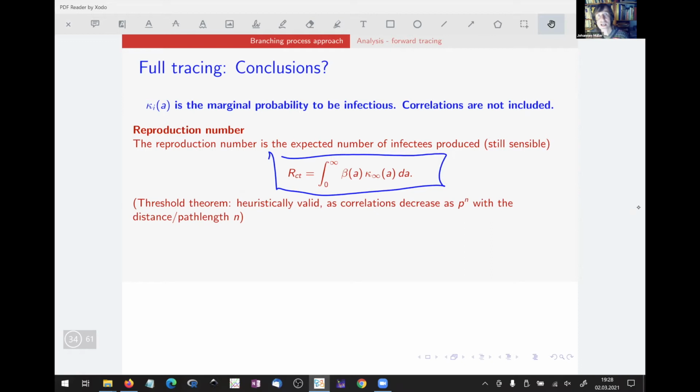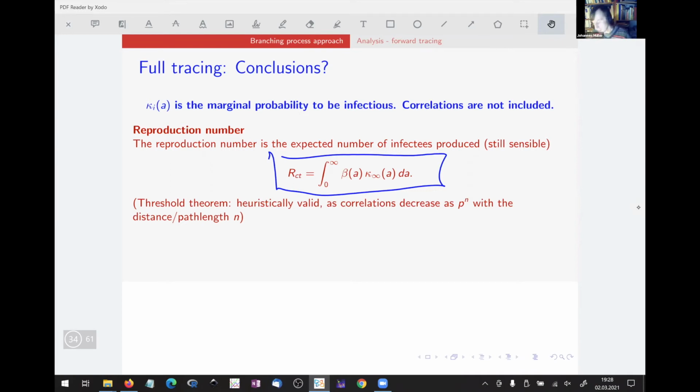Here, I have to say the threshold theorem is not really clear. Numerically, you see that everything works out. But since we have no control over correlations, it's difficult to prove a threshold theorem. Normally you would like to use something like the Galton-Watson process structure, but there it's important that each individual, once it's alive, acts independently of all other individuals. And here we have the correlations which make life difficult.